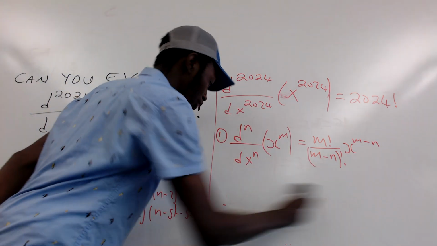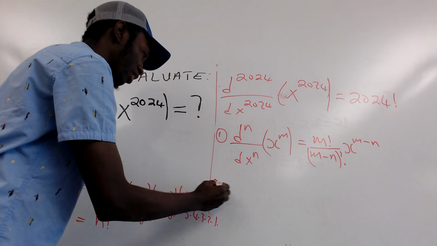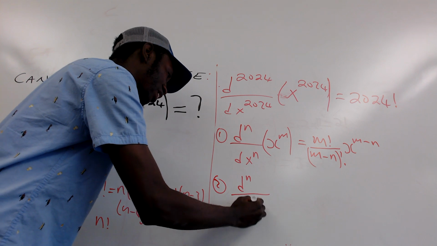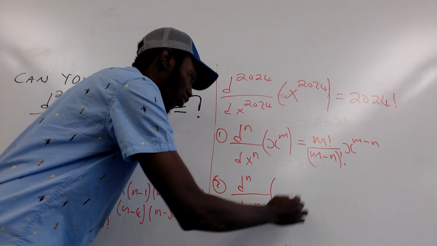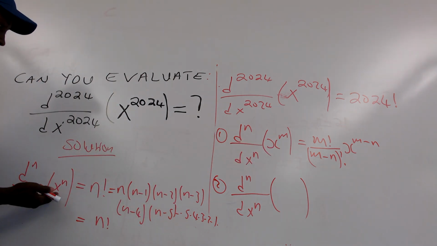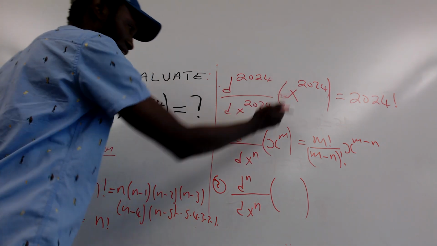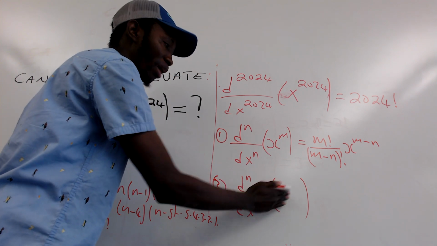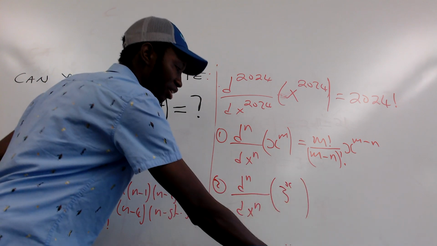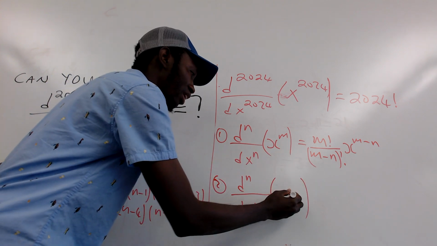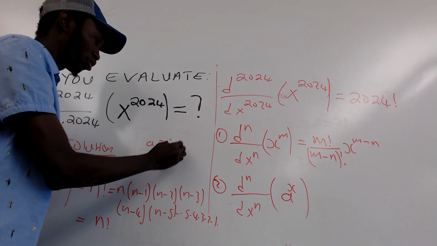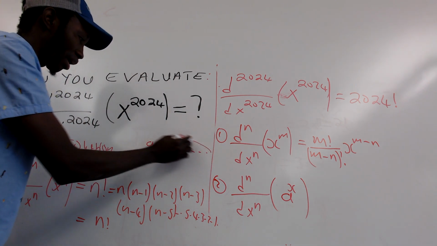Moreover, if we take a second case, it will look like d^n over dx^n. Let's say now we have a constant instead of a variable here, because all the ones we dealt with before were variables, variable x. Without a variable, we can have any number here. It can be 3 raised to power x or 4 raised to power x. Let's say we let a be a constant, wherein a can be 1, 2, 3, 4, any number.